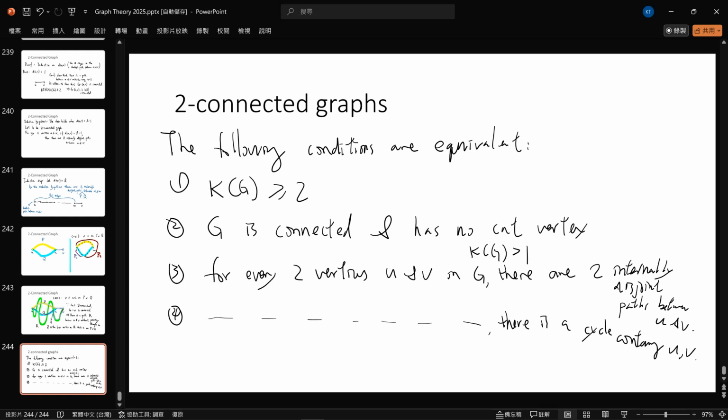And the next one is a very simple implication of the third one. That is, if you have two internally disjoint paths, then you get a cycle. And similarly, if you have a cycle, then you have two internally disjoint paths. So the last two are equivalent.